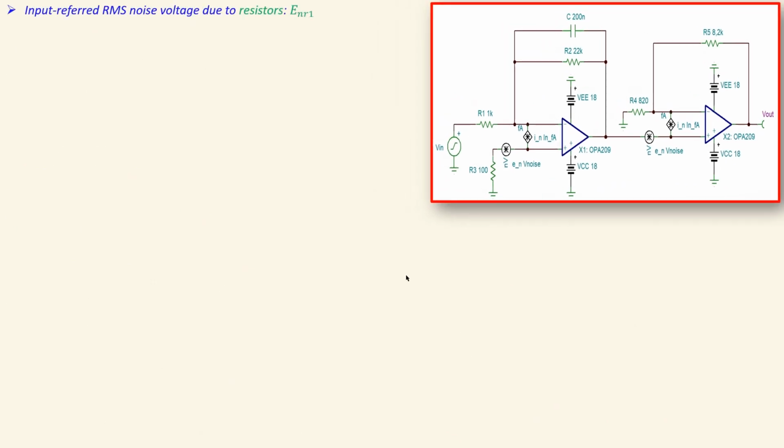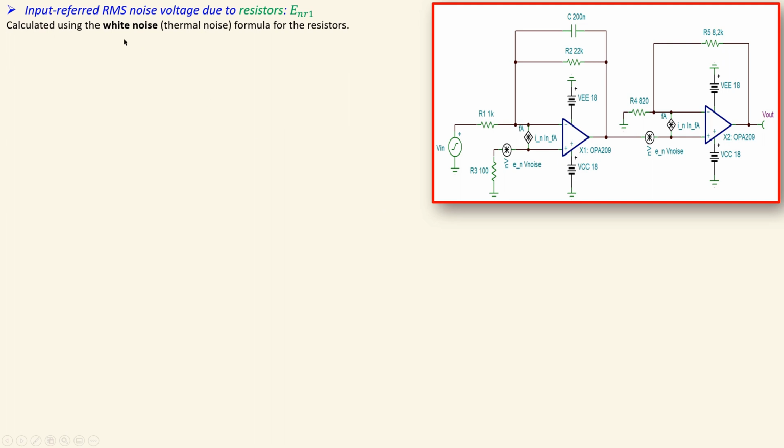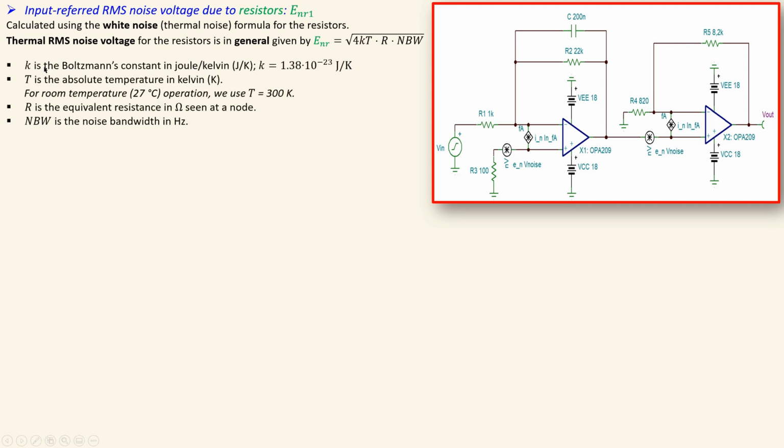Okay, the next step, the final one for the first stage, is the contribution due to the resistors. We know that can be calculated using the thermal noise or white noise formula, which is given by this expression in general, and these are the parameters: k, the Boltzmann constant, given by this value. T is the absolute temperature, in this case 300 kelvins at room temperature.